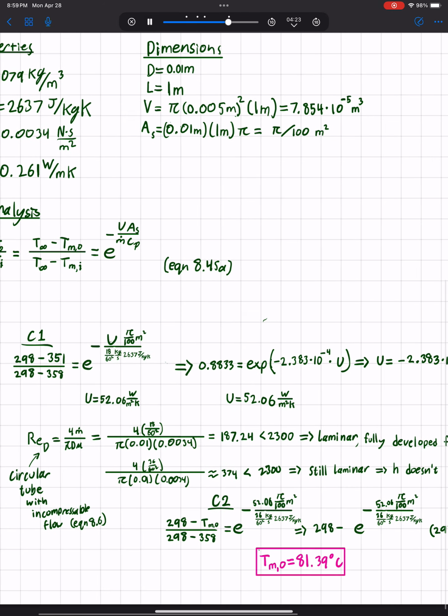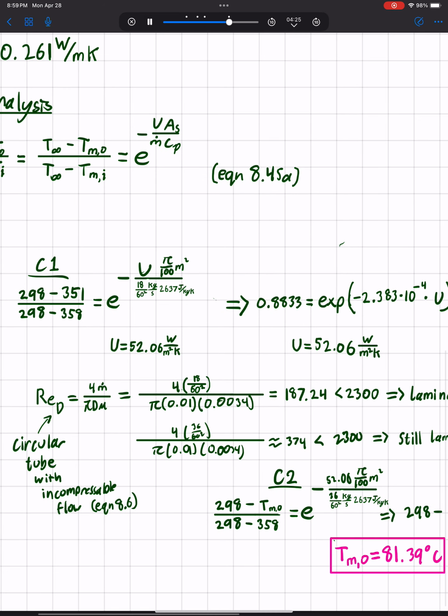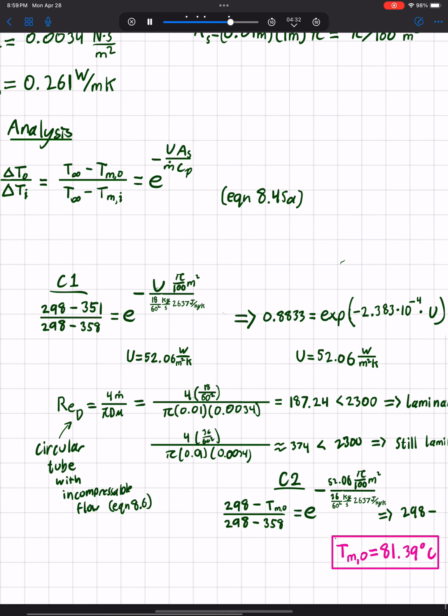Then we're going to find the Reynolds number, and we're pulling the one for the circular tube with incompressible flow, which is equation 8.6 in your book. This gets us 4 times m dot over pi D mu, which is the viscosity.